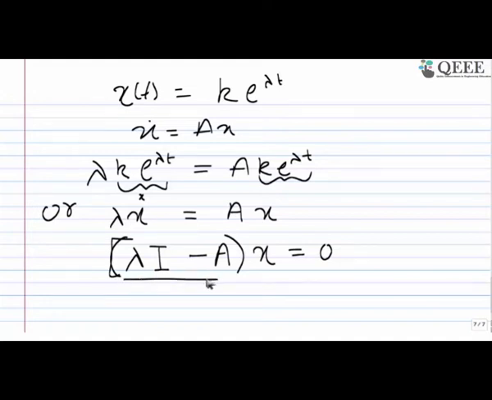This equation will have a non-trivial solution if and only if this condition is satisfied: determinant of lambda I minus A equals 0.